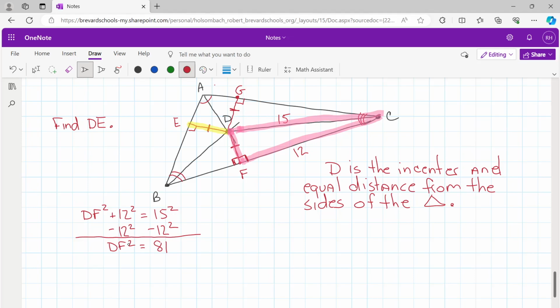If DF squared is equal to 81, then we find the square root of both sides here. And DF is equal to the square root of 81. I push the square root button, and DF is equal to 9. So if D to F is equal to 9, well then what's D to E equal to? Very good. DE is equal to 9.